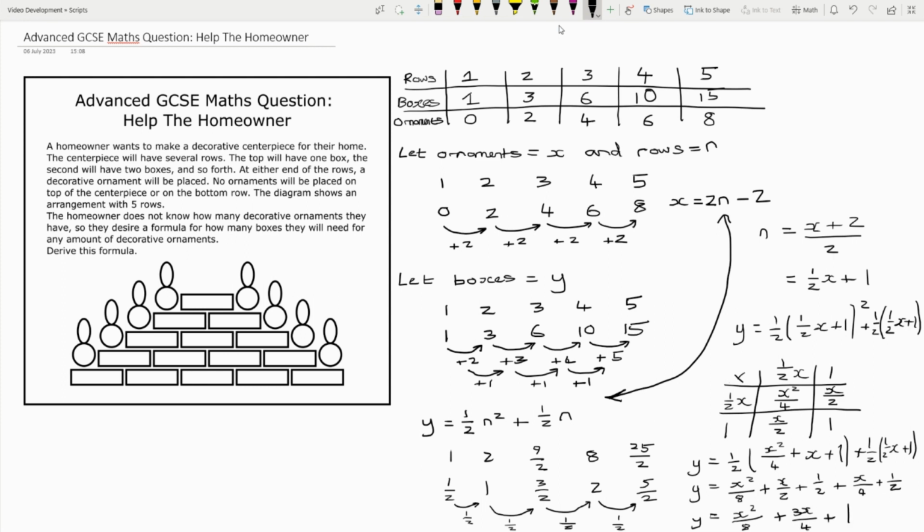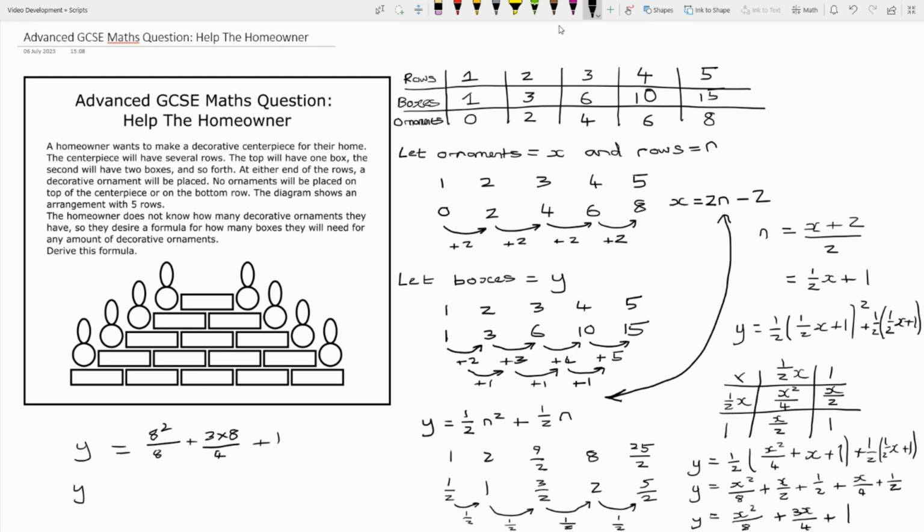So if we put in our number of ornaments, say as being, say the last one, so x is 8, so 8 squared over 8 plus 3 times 8 over 4 plus 1 is equal to y.